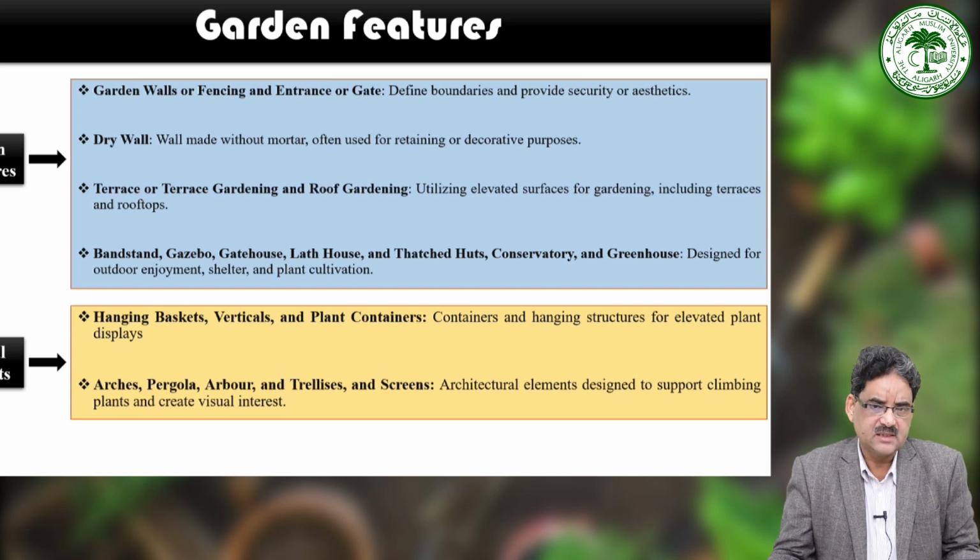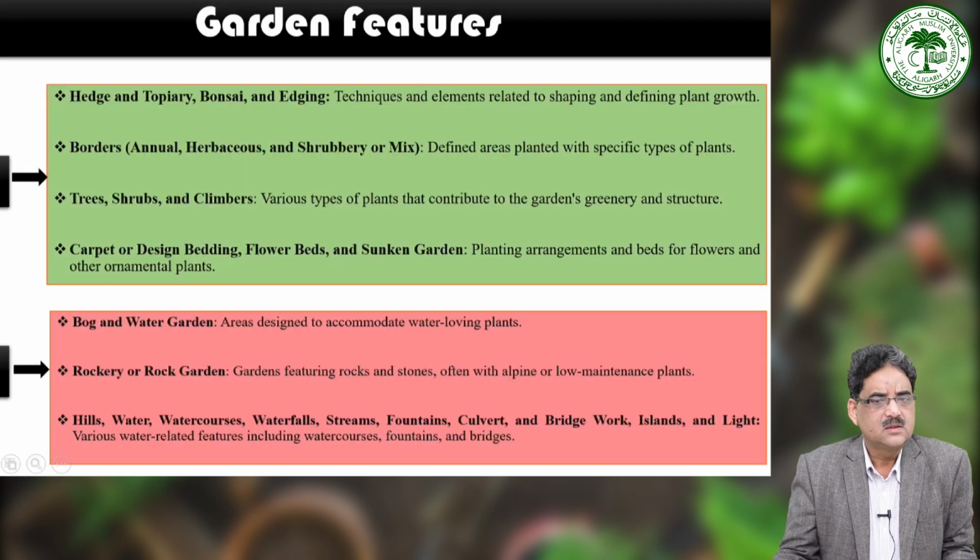The second one is the vertical elements, which includes hanging baskets, verticals, and plant containers, as well as arches, pergola, arbor, trellises and screens. The third one is the plant features.